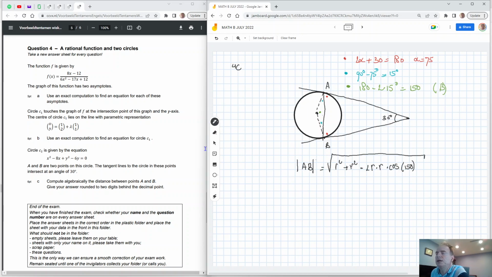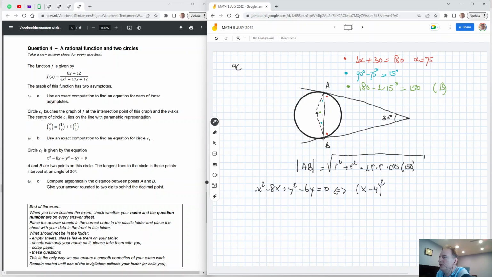Well, r we find by rewriting this in the circle form and by completing the squares. So what we do is we say that x squared minus 8x plus y squared minus 6y equals 0. We can rewrite it by completing the squares: x plus something, so that you get this linear term back, so it has to be x minus 4 squared.